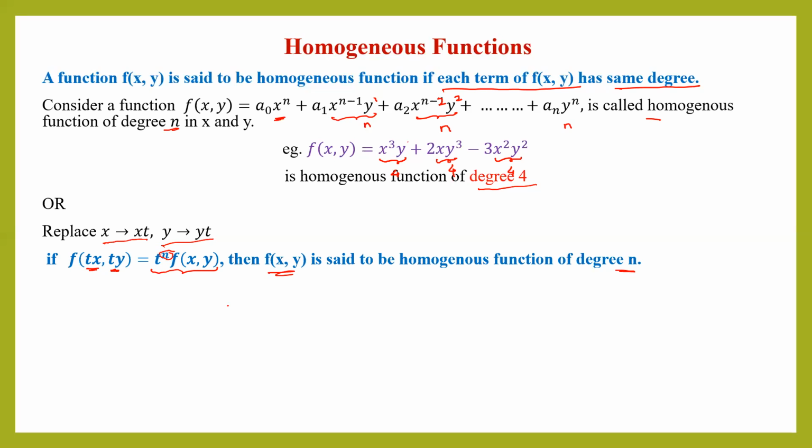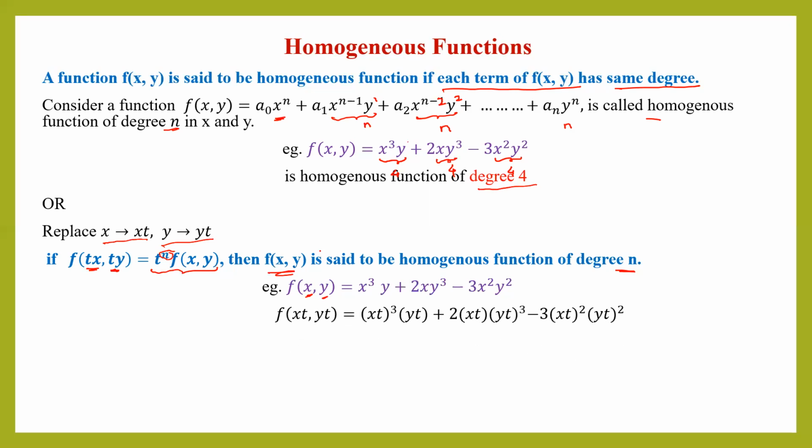So let's see how to apply this definition for the same example. We have x cubed y plus 2xy cubed minus 3x squared y squared, and we have to replace x by xt and y by yt. When we replace them in this function, it will be xt cubed in place of x cubed, yt in place of y, and so on.